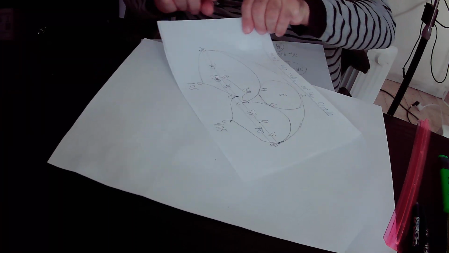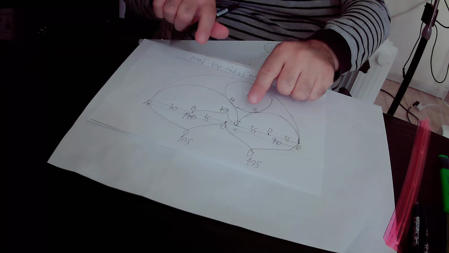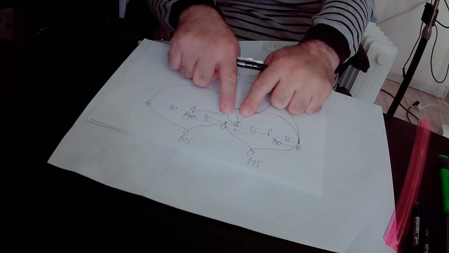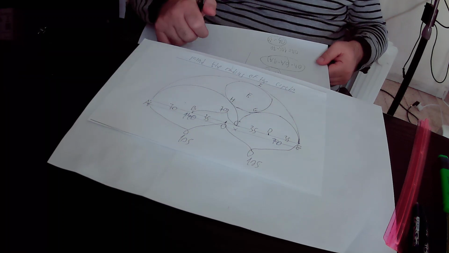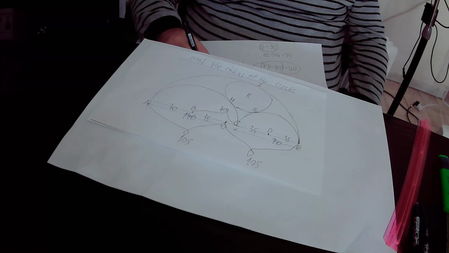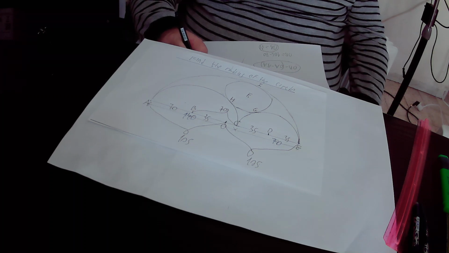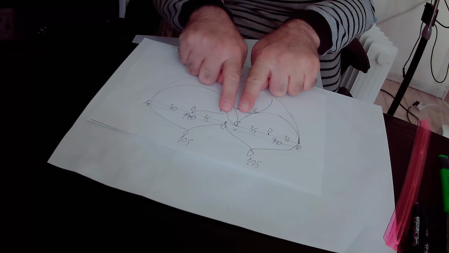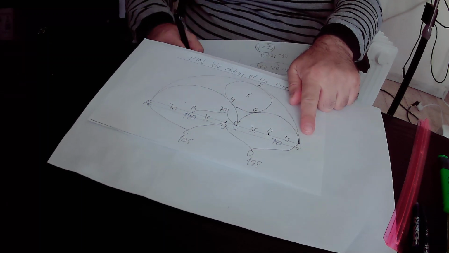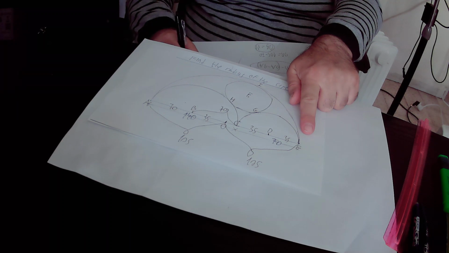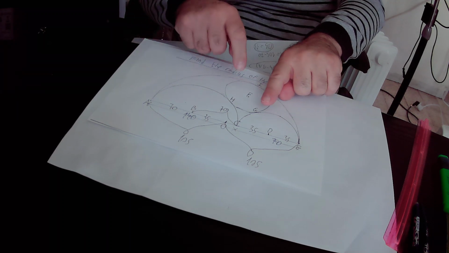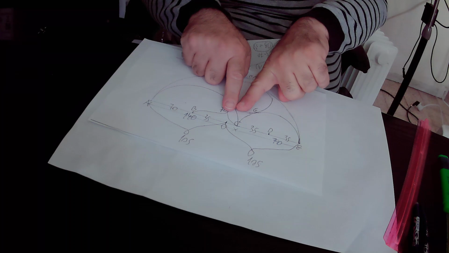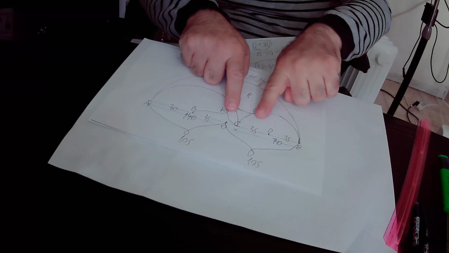What is the length of this line segment OC? From the drawing, it is very easy to see that OC equals OE minus CE.